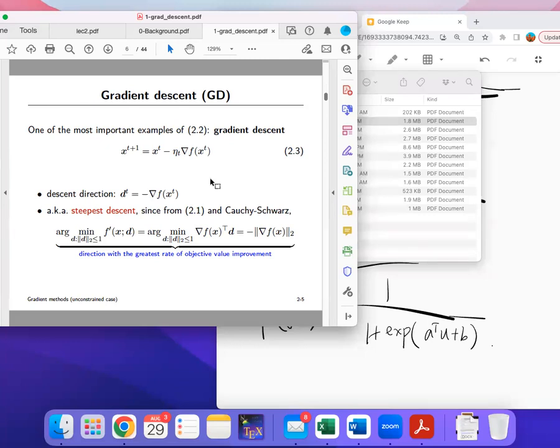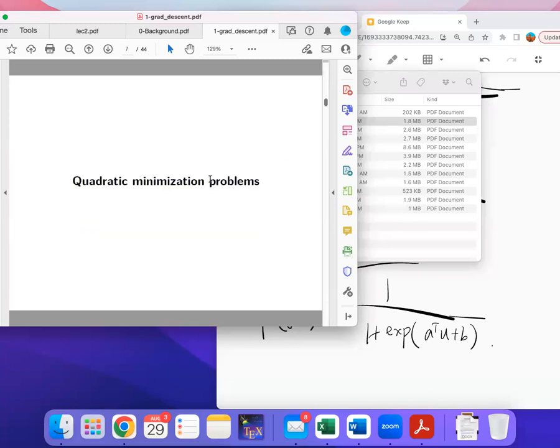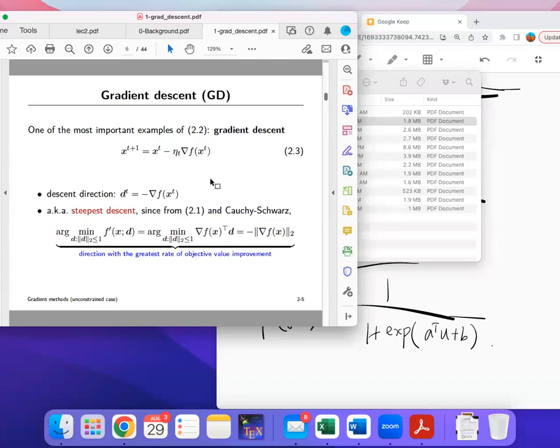In fact, in many cases, you don't have to follow the negative gradient. You just need to follow any direction that has a positive correlation with this gradient. But I think I will just skip this part. So we just focus on this gradient descent update rule.